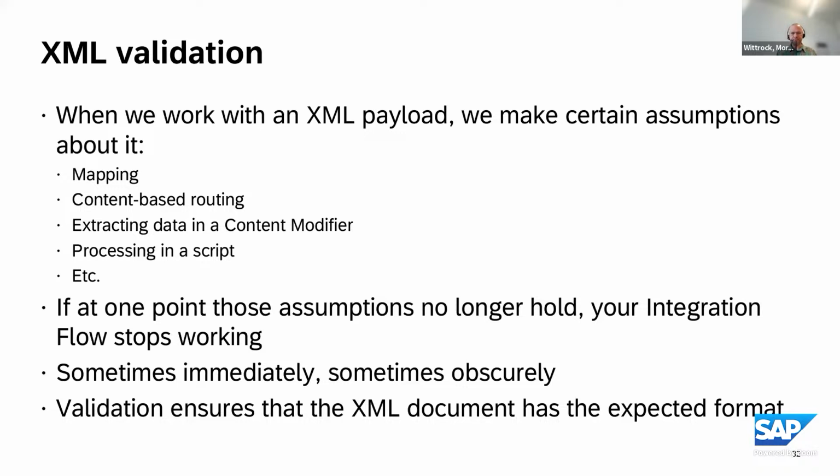A mapping can fail with an error, but if you have an XPATH expression in a router and your assumptions about the structure don't hold, then maybe you'll always just go to the default route, and that's still an error, but in your message processing log, you won't see any errors. So it might take a while until you actually discover that this doesn't work. So we want to make sure that the document has the format that we expect, and validation is the way to do that.